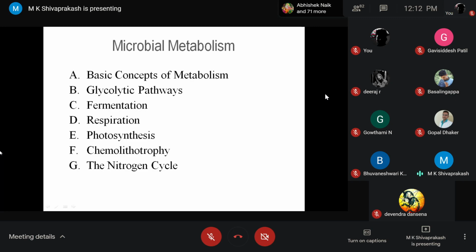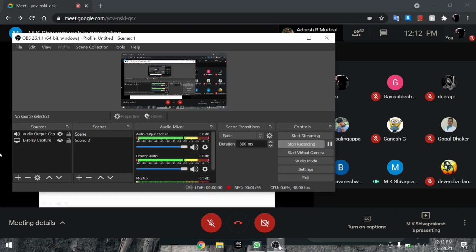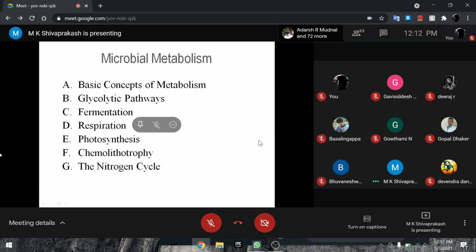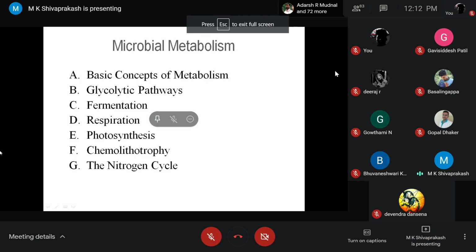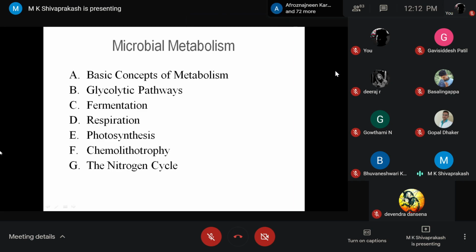And of course, in a living cell, there are two kinds of major reactions that happen. Two objectives, different things that go on. First, a living cell, for its sustenance, needs energy. It needs building blocks to perpetuate, to reproduce, to produce new cells.